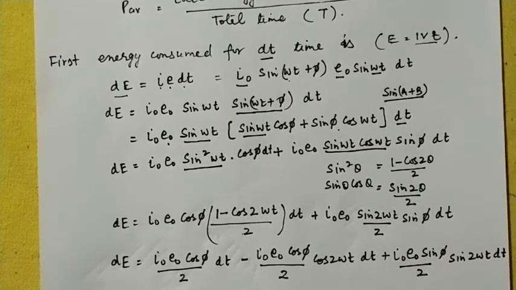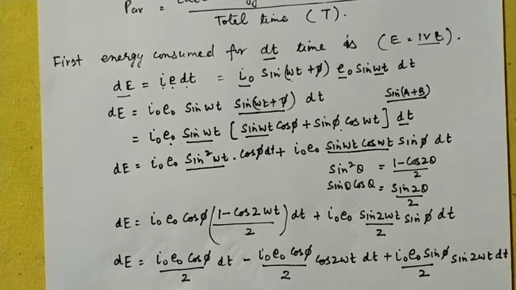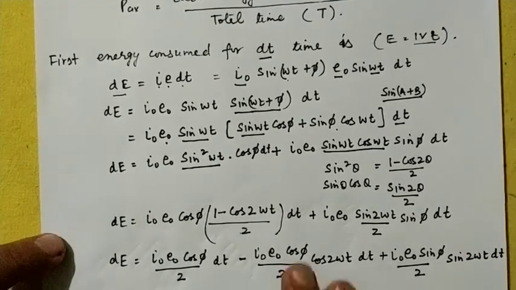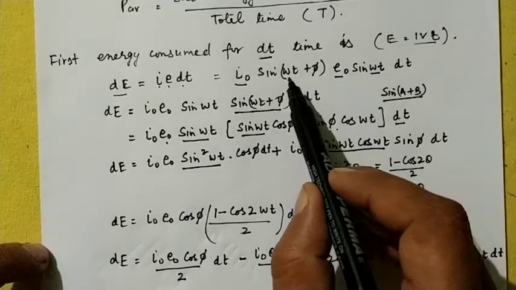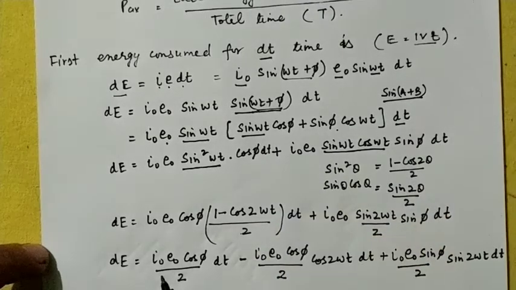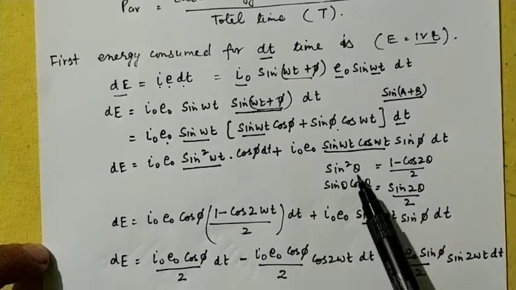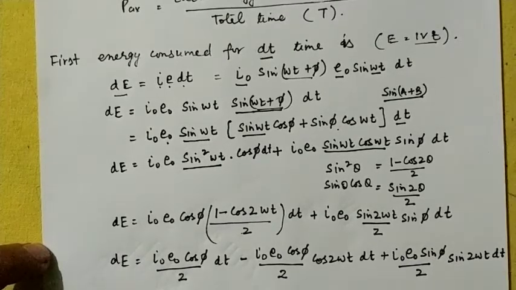So this is the small amount of energy, and it is solved by using the sine A plus B formula and these two formulas, and opening the bracket, we get this much.